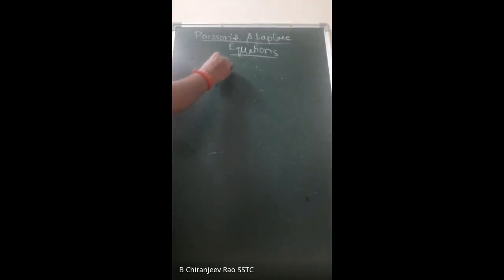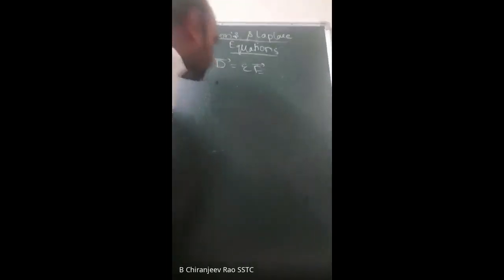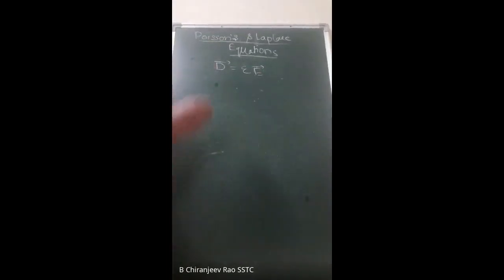So we know the relationship between D and E. D is electric flux density, and E is electric field intensity.